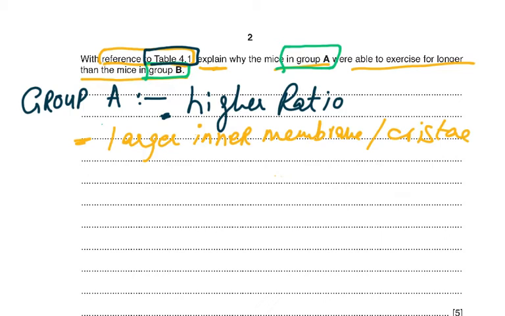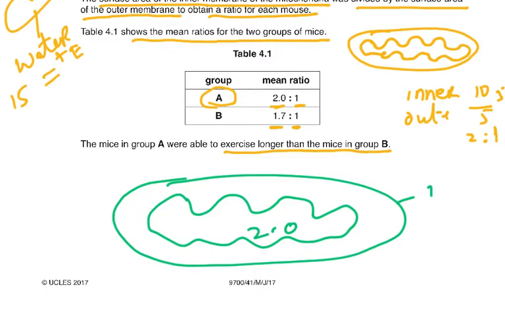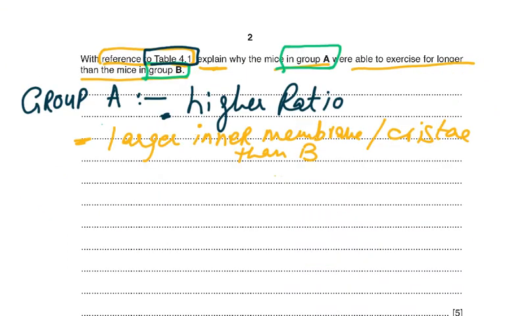So the inner membrane has a larger or more inner membrane or more cristae than B. Look at B: this was 2.0:1, and this was 1.7:1, because you are referring to table 4.1. So that gets you another mark.